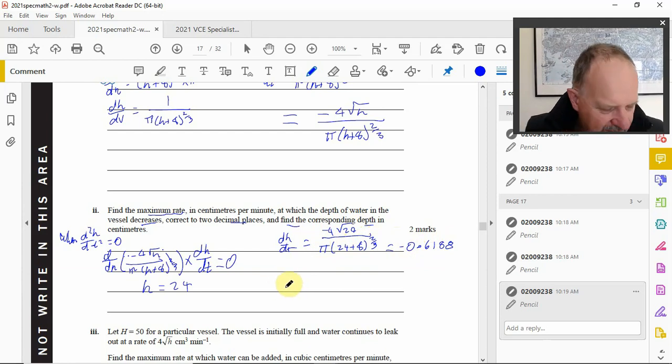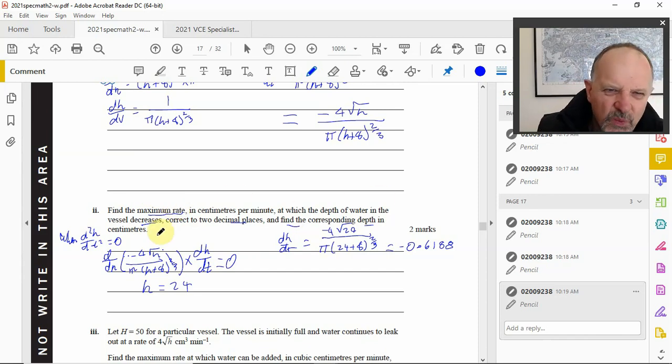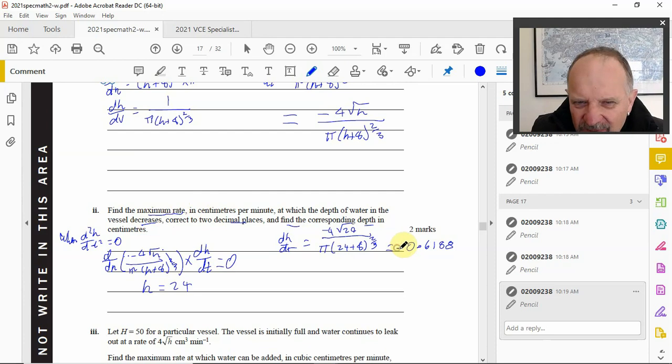Now, let's go to the question. It says the maximum rate at which the water decreases. See, they're telling you that the water's decreasing. Now, that's what this negative indicates.